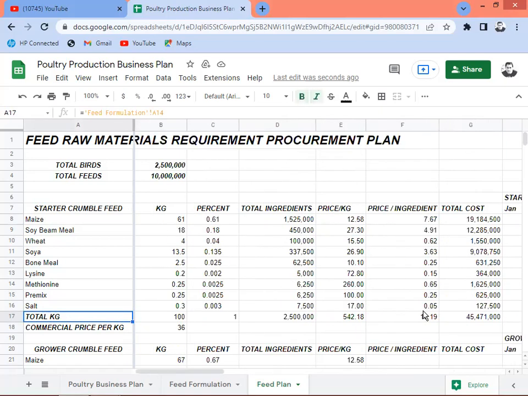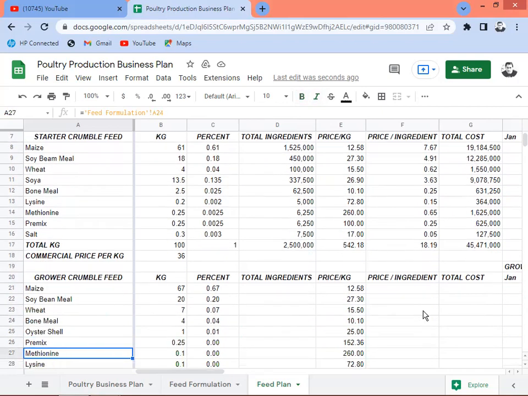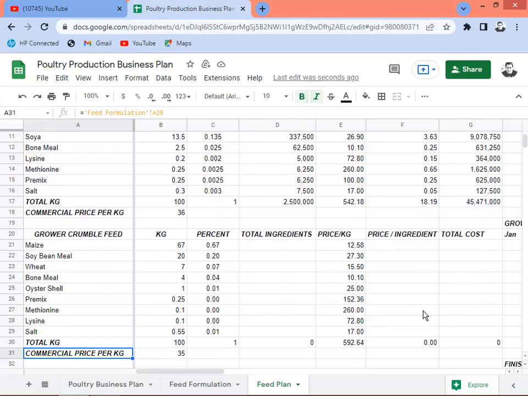We're going to get the requirement for the grower crumble feed, and next to that is the finisher pellet feed. That will give us the total amount that we need to plan for our business in producing our own broiler chicken feeds.